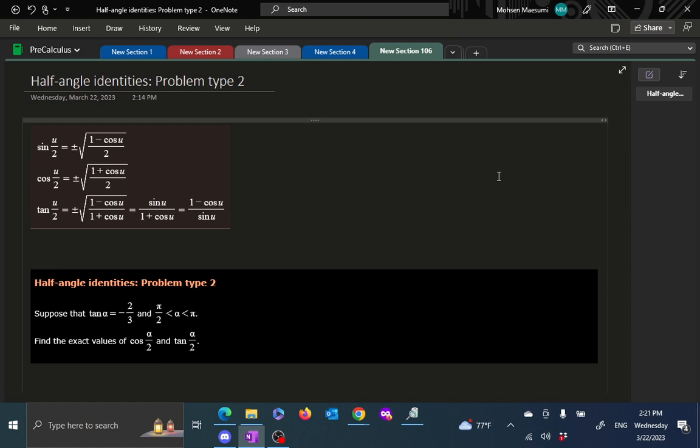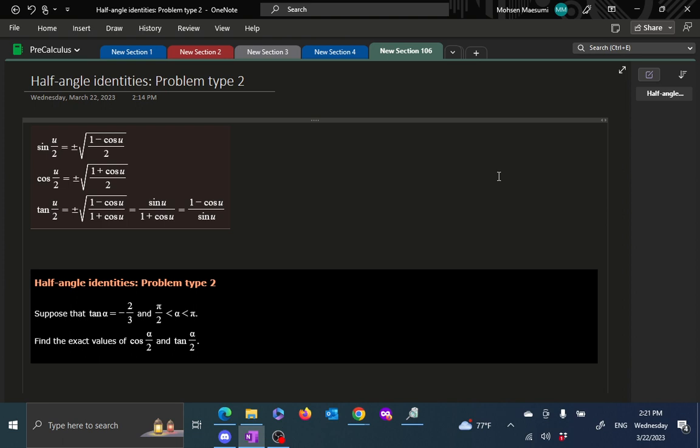So we have gone through a set of exercises with respect to using half angle formulas. We looked at case of degrees, case of radians, and in those problems we had a specific angle given to us and we find its trig functions.